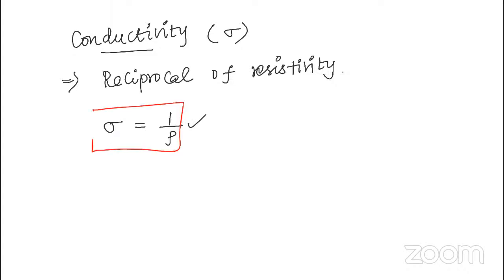We have seen all the formulas up to now, and some more important formulas are still there. Before that, let us once more remember all the units. Tell me, what is the unit of resistance?